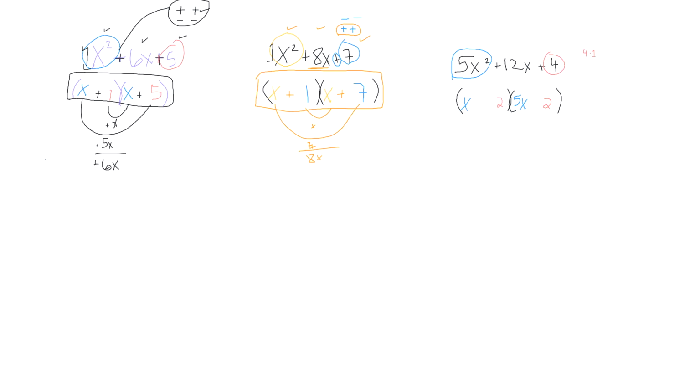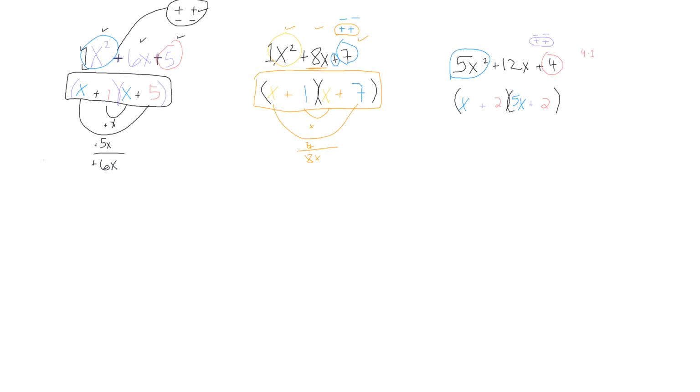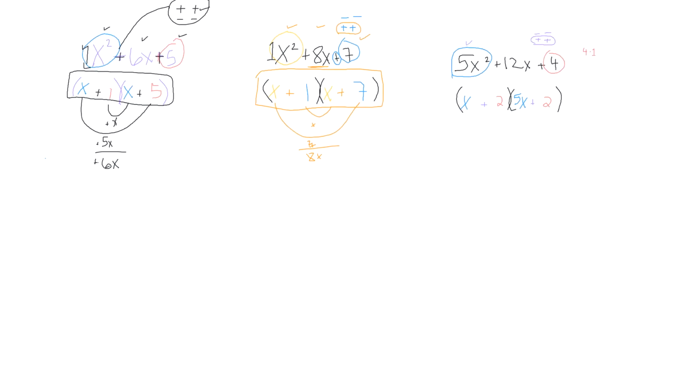I look at my last sign. And so my last sign is positive, so I'll either need 2 negatives to give me the positive or 2 positives. But I really need them to add up to be a positive, so I'm going to go with the positives. And now I'm going to check them all again. x times 5x, 5x squared. 2 times 2, 4.